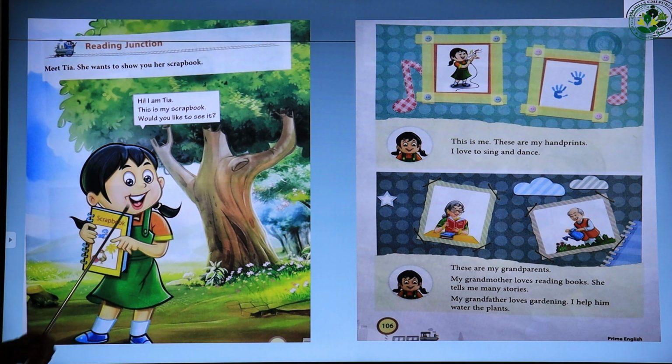So this is the little girl Tia. Can you see a book in her hand? This is her scrapbook. This is Tia and this is Tia's scrapbook.